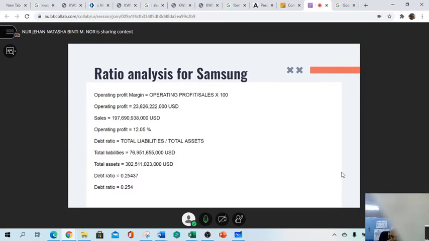Okay, now I will present the ratio analysis for Samsung. The first one is operating margin. To find operating margin, we must divide operating profit by sales, times 100. The operating profit is 222,222,000 USD in total.